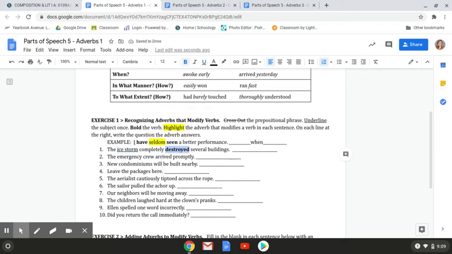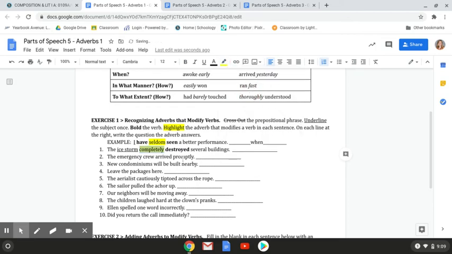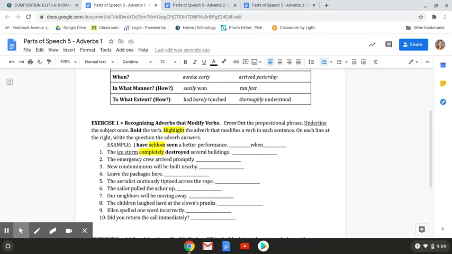What is my descriptive word? Completely. So we're going to highlight that. That is my adverb. The highlighted word is my adverb. It's for sure modifying my verb. But what is it modifying? Is it modifying how they destroyed, when they destroyed, or where they destroyed? They completely destroyed. So it's answering the question how they destroyed.